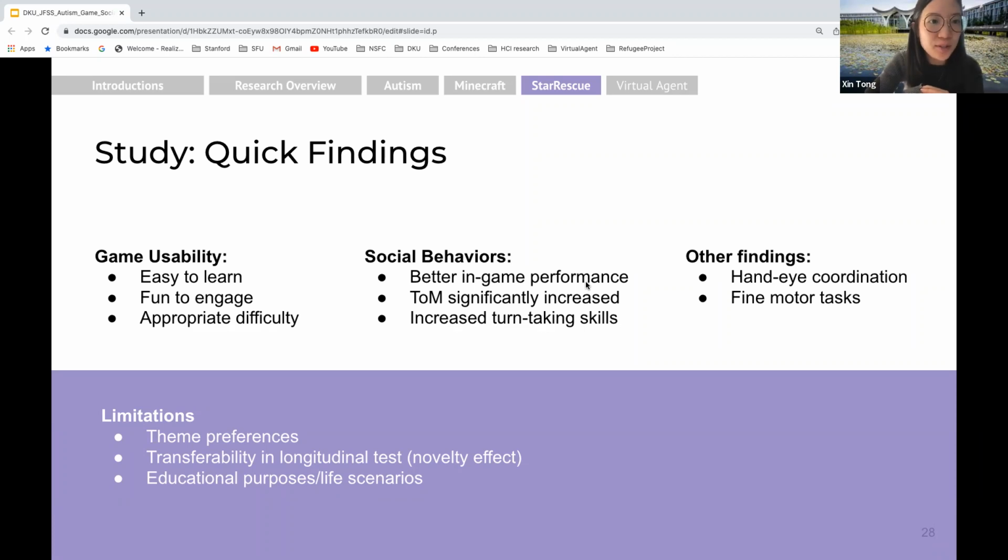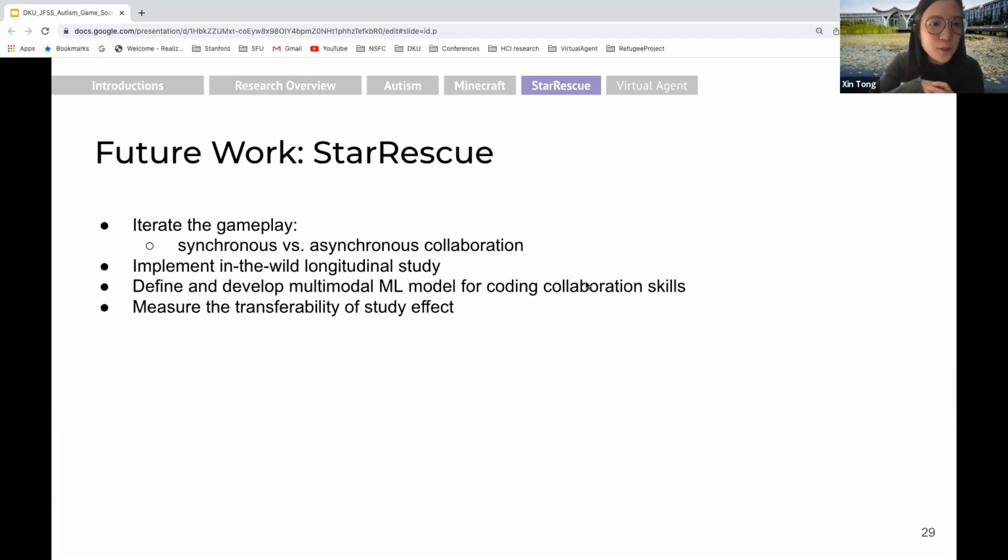Some parents also suggested that instead of just a single play, we also integrate some educational purposes or real-life scenarios. So for future work, we'd like to further iterate the gameplay based on the feedback collected, and further test two different types of collaboration, synchronous play versus asynchronous collaboration.